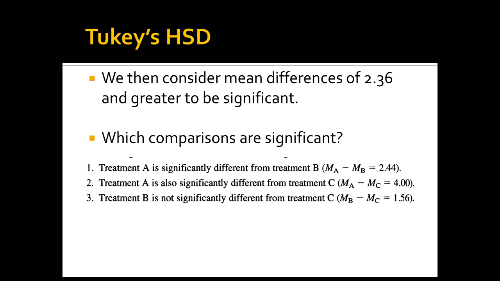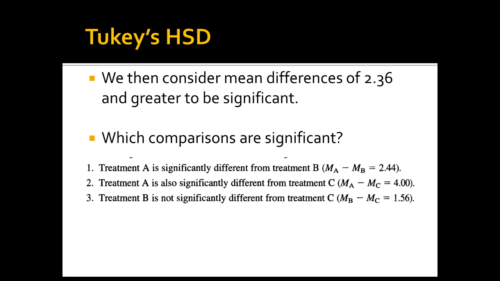Treatment A is also compared with treatment C, and you need to look at that. M sub A minus M sub C equals 4.0. Is this difference significant? Yes, it is. Oh, wait, I messed you guys up. 2.44 is larger than 2.36.